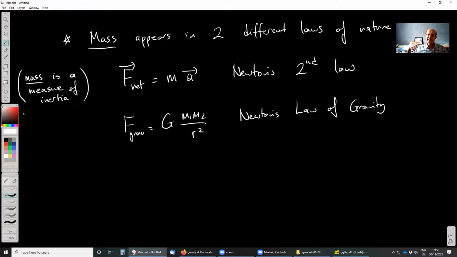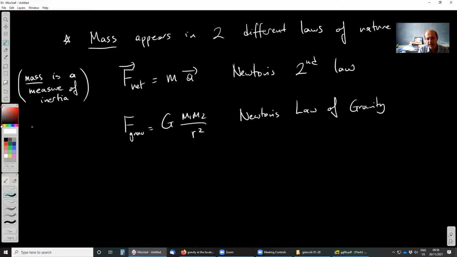Bigger inertia means bigger reluctance to motion. So as a result, it is harder to accelerate such an object. Bigger reluctance to change in velocity, because inertia is the property that it keeps the same velocity. So if you want to change this, inertia is the reluctance to change the velocity. So mass is a measure of inertia.